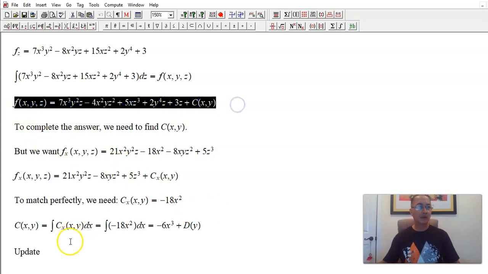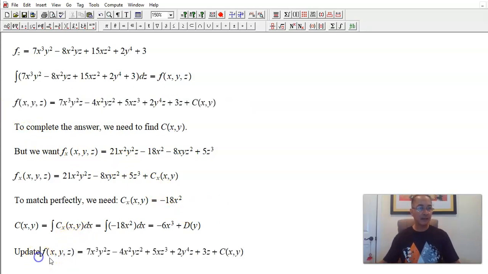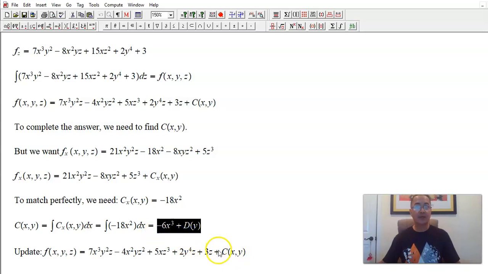We are missing the minus 6x cubed, because that's our c of xy. So change c of xy, replace it with this. To complete the answer, we need to find d of y.